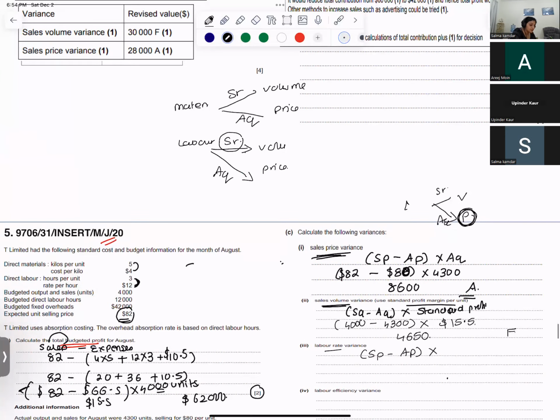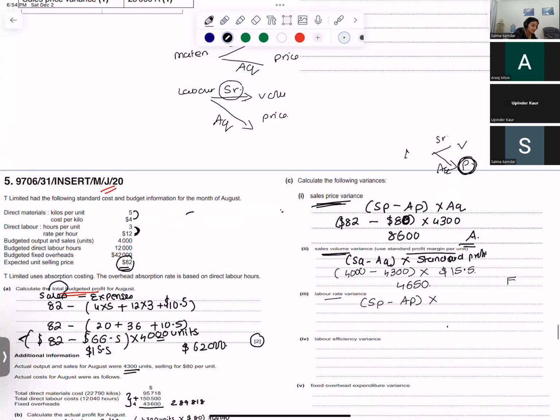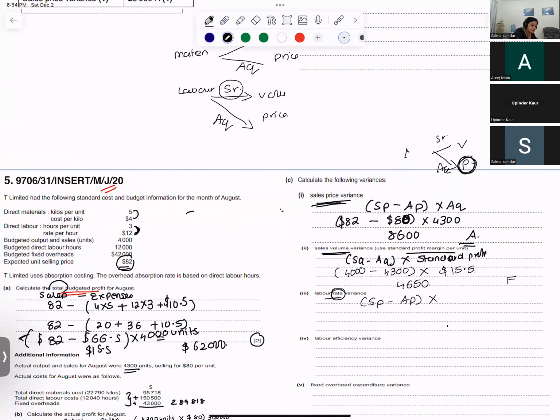So they are asking us to find which variance? Labor rate variance. Price is also called rate, and volume is also called efficiency.